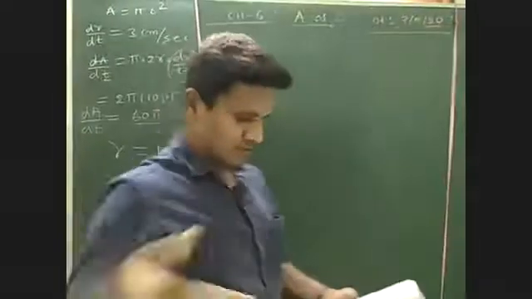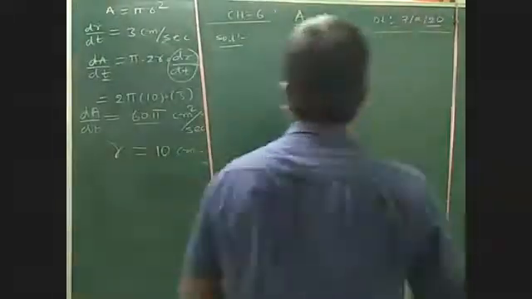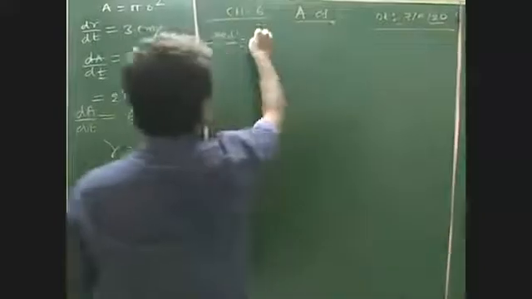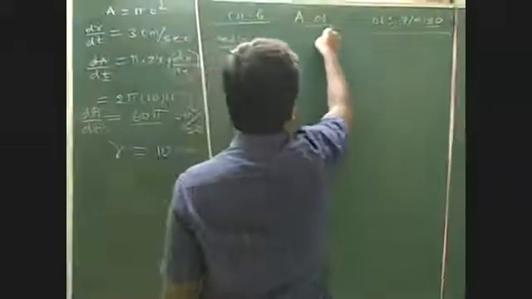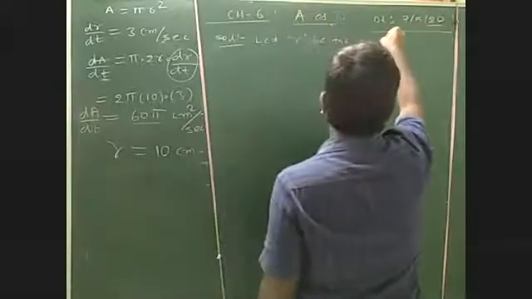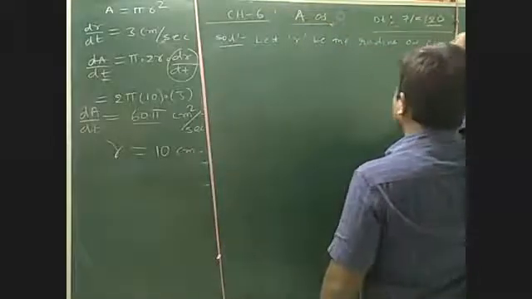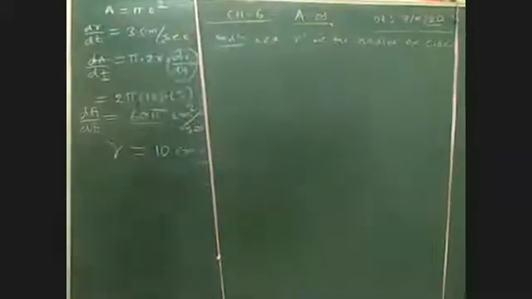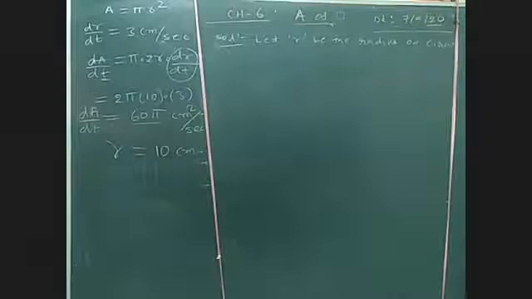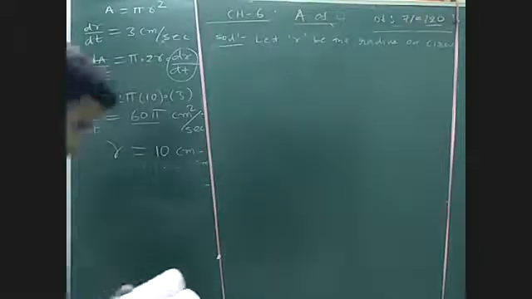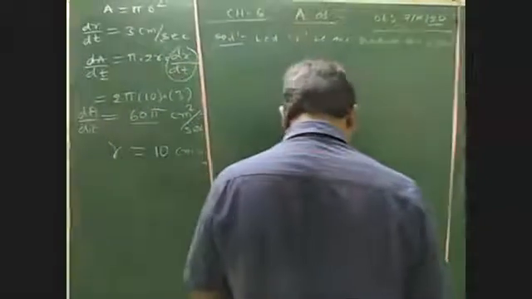Let's do the fourth question. Third question solution, you can write like this. Let r be the radius of the circle.